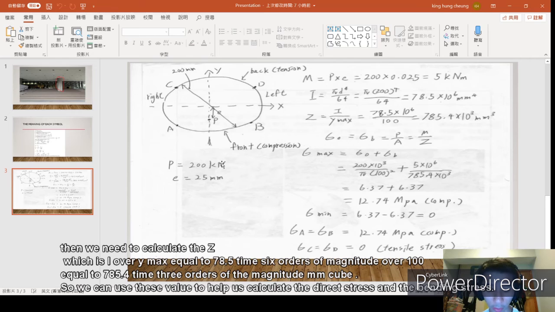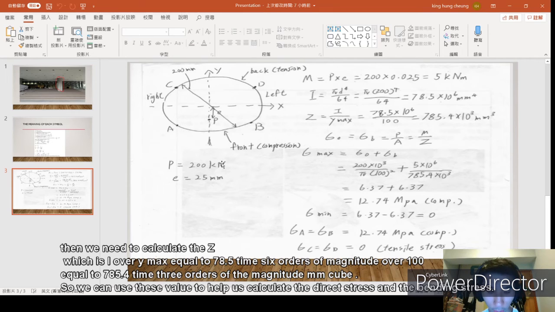Then we need to calculate the Z, which is I over Y max equal to 78.5 times 10 to the power of 6 over 100 equal to 785.4 times 10 cubed.